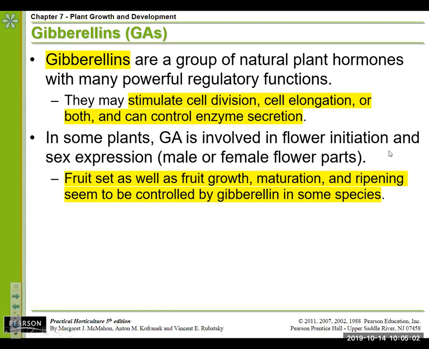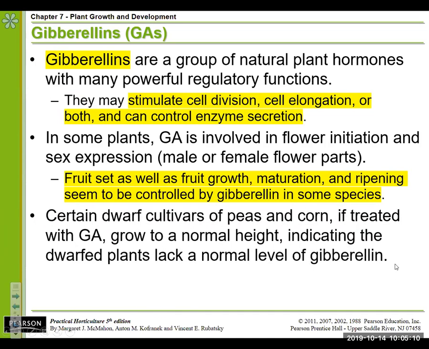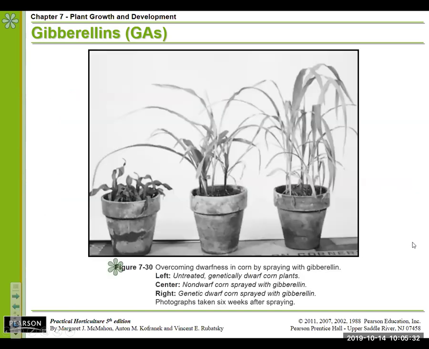Fruit set as well as fruit growth and ripening can be controlled by gibberellins. Different species have different effects of gibberellins. In some cases, if we apply gibberellic acid, then we can get dwarf cultivars of particular crops to grow to normal heights, which indicates that the dwarf plants lacked the normal level of gibberellin.